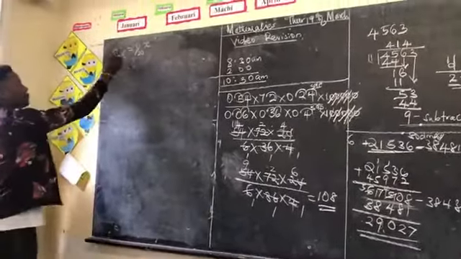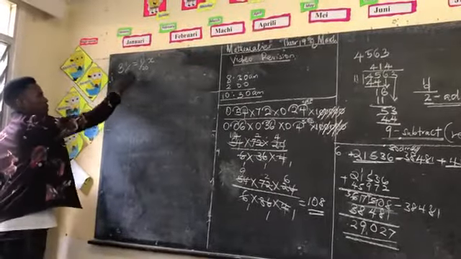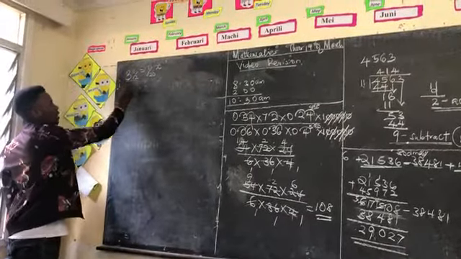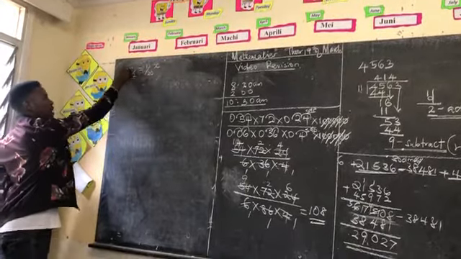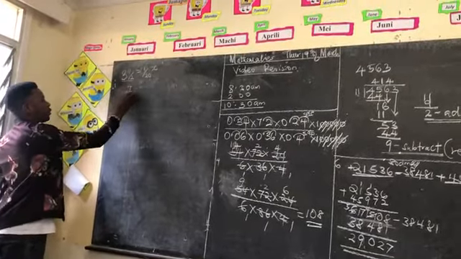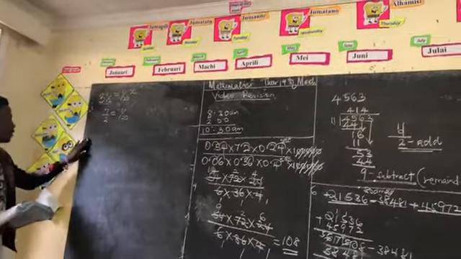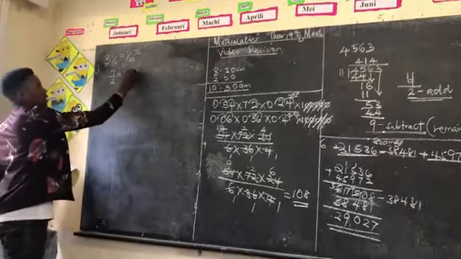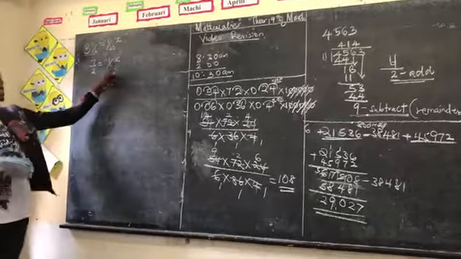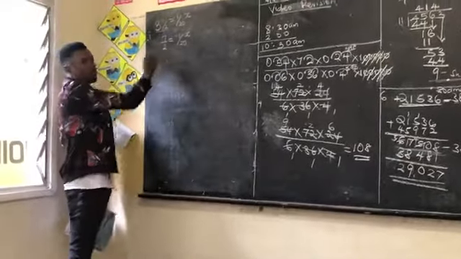So here we are dealing with a mixed fraction and a proper fraction. We first change this one into an improper fraction, which gives you 3 times 2, 6 plus 1, 7 over 2 is equal to 1 over 20x. I've told you that any time a fraction is attached to an unknown letter, you are supposed to multiply both sides by the reciprocal of this fraction.